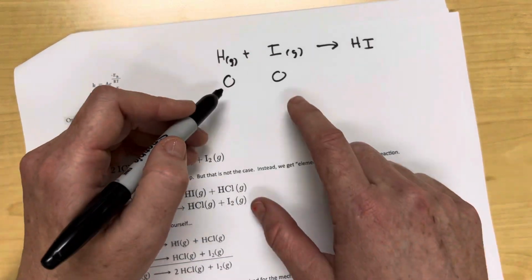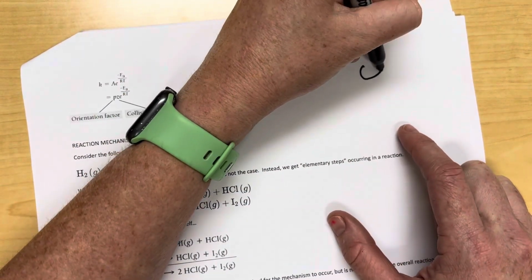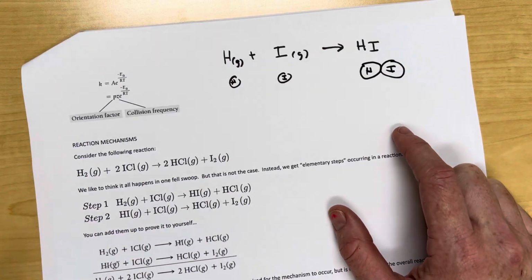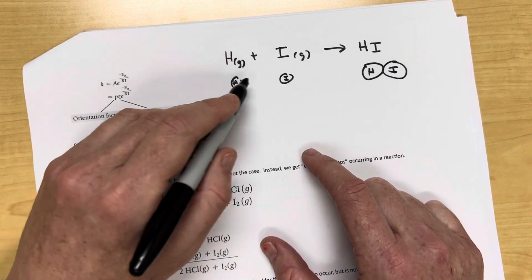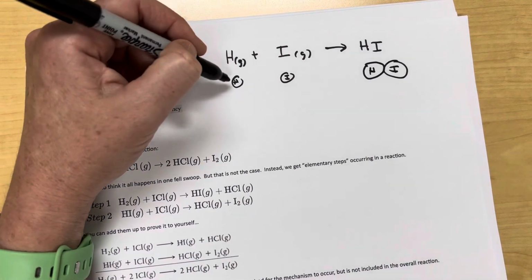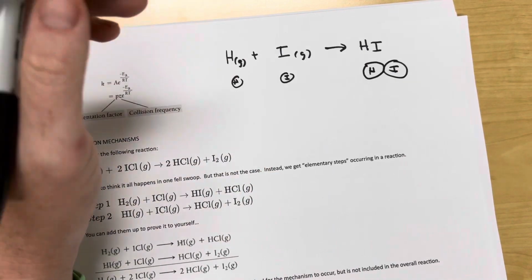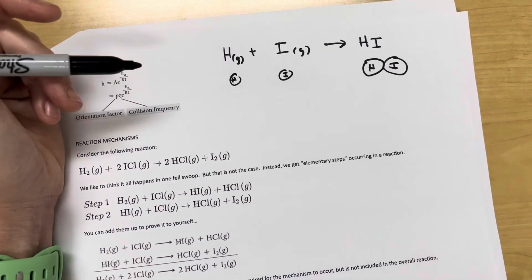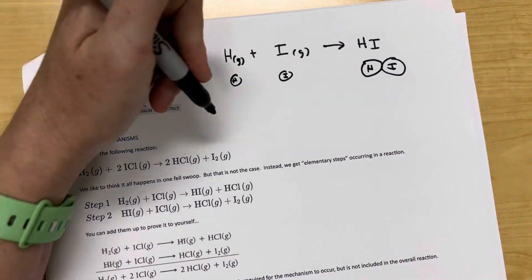But if this one hits this one, they're going to form an HI. All right, so this monoatomic iodine can hit anywhere it wants to on the hydrogen, and that hydrogen can hit anywhere it wants to on the iodine. So it doesn't matter at all. The orientation isn't important. As long as they hit each other, they can form this. But let's talk about HCl.